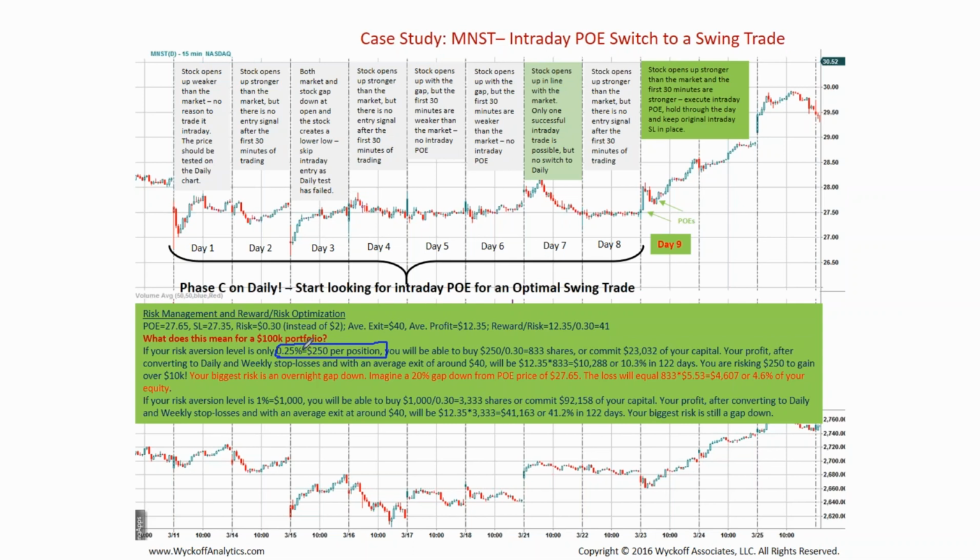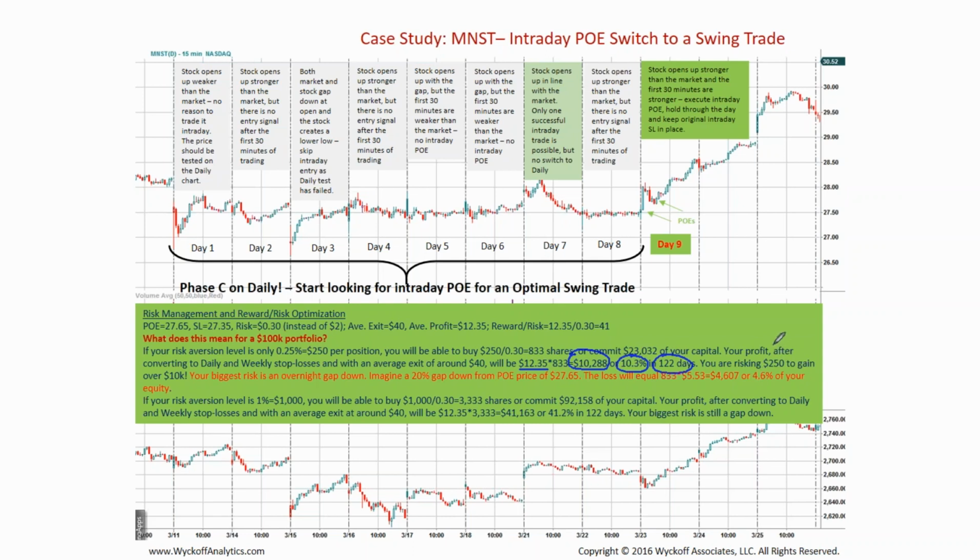So how many shares can we buy here for the risk of $250? Well, if this is the risk in dollar amounts and this is the risk in points, we can buy 833 shares, and we will commit $23,000 of our capital. So our profit on 833 shares with the $12.35 move to the upside is going to be about $10,000, or about 10% in 122 days.